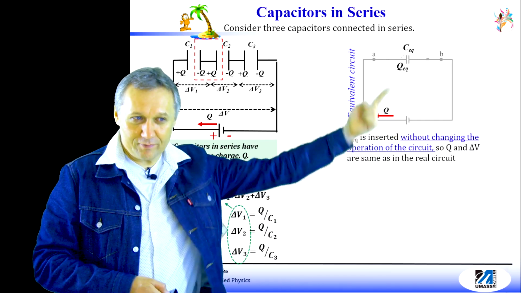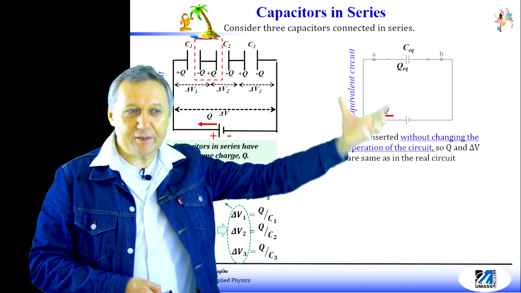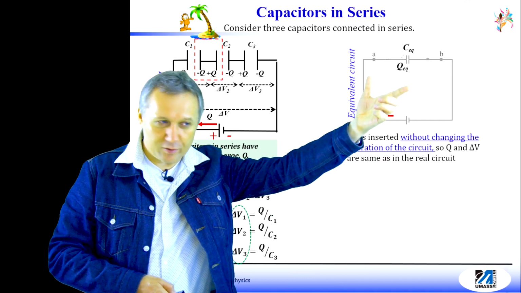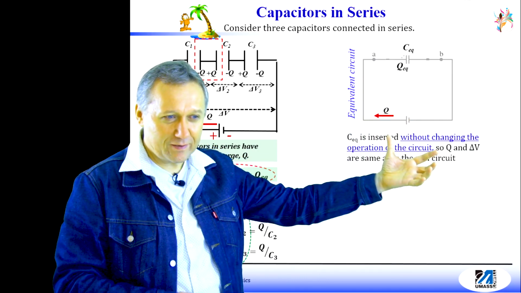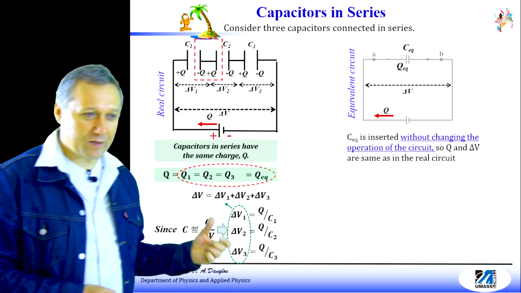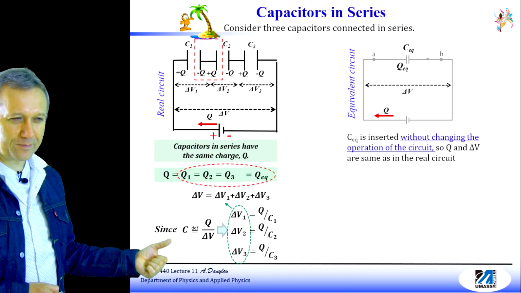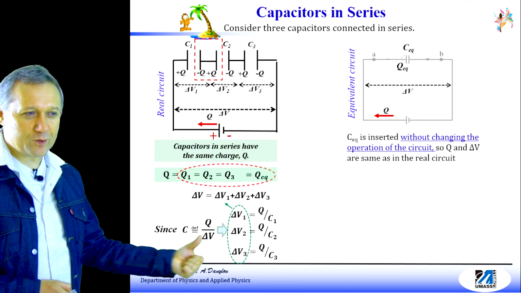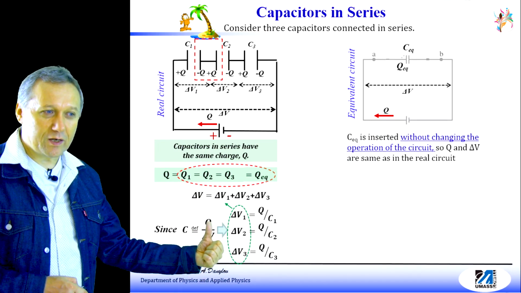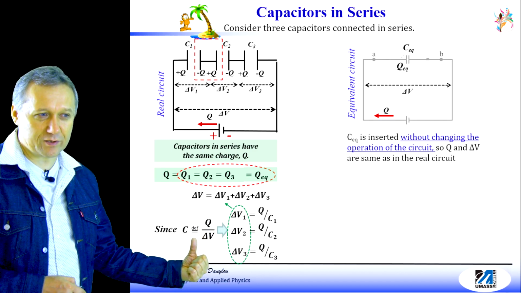This charge Q is in the capacitor. Then the potential difference provided by the battery is also across that capacitor, because there is nothing else across this battery, only that charge. So as a result, we can write this delta V, again using the formula for the capacitance, right? So C equivalent in the equivalent circuit equals charge in the equivalent capacitor divided by the potential difference.